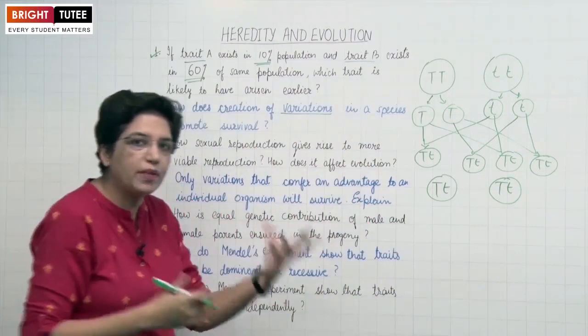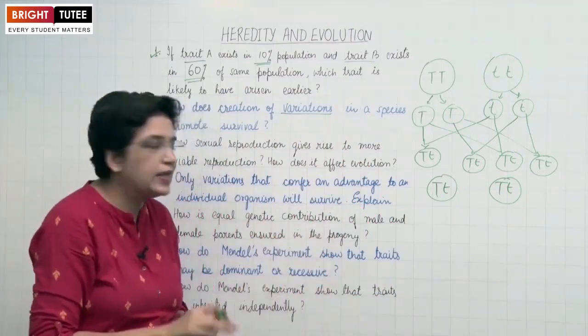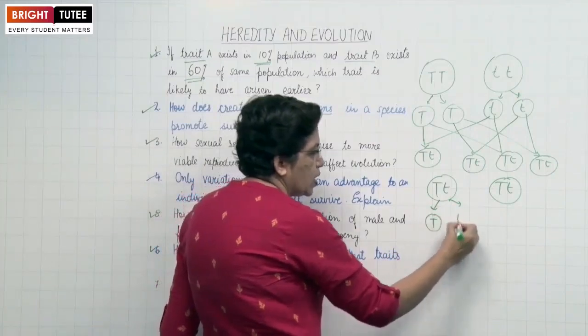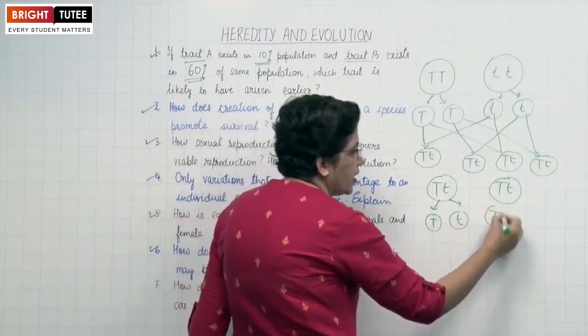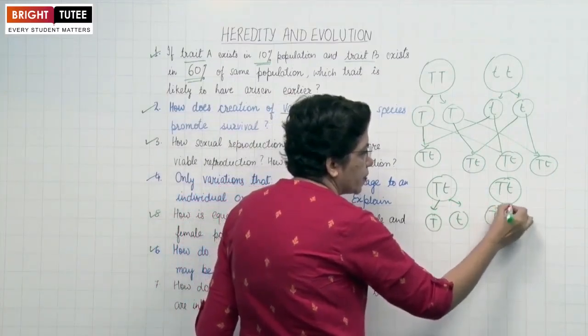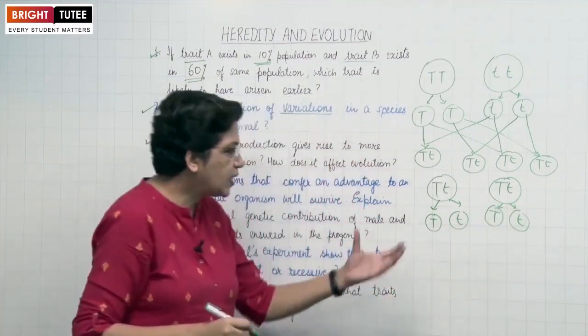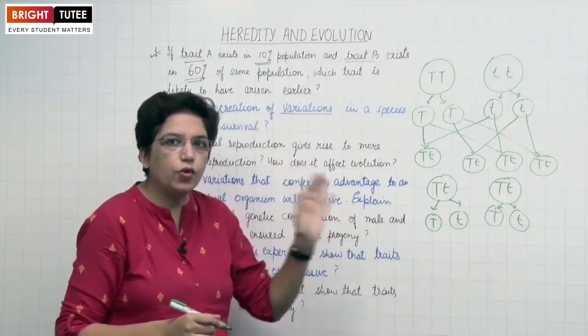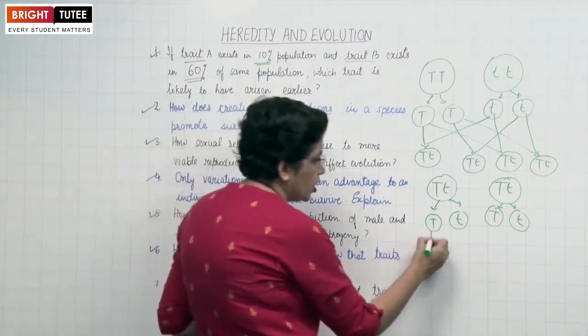Now let's see how gametes will be formed. This will be a little different. The gametes will be one capital, one small. In this case also, one capital, one small letter. Once the gametes are formed, they will fuse together. Again, we get four different types of combination.